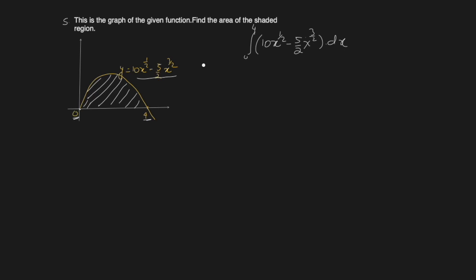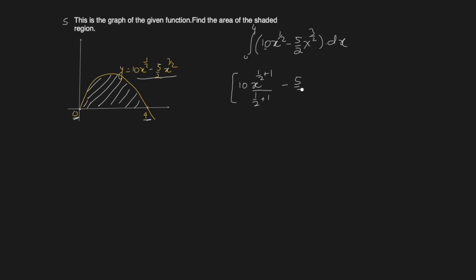That's it. So first we will integrate this. For integration we don't need to write this again, so we will write a bracket. 10 is a constant, remains 10. x to the power half, the exponent increases by 1 and the denominator also becomes the same as the exponent.